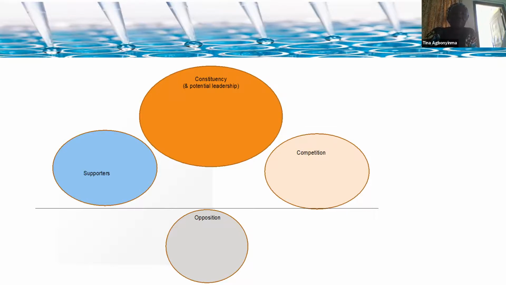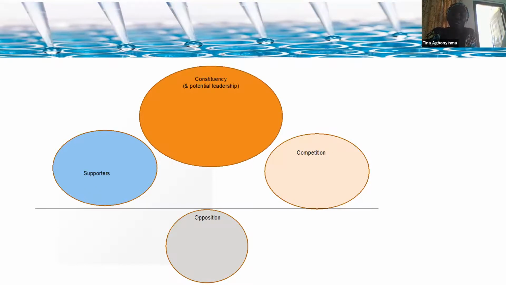The first place is the leadership, which is the constituency. Are they the ones you are targeting? If they are, then you identify the leadership that you want to work with. Then, who are your supporters to overcome that barrier? You identify them.